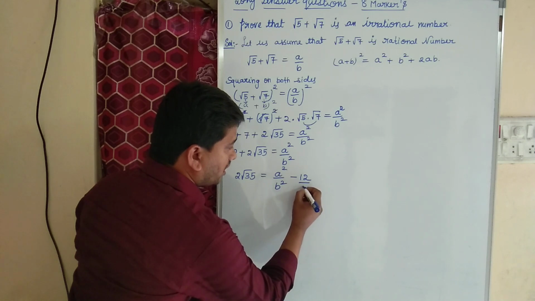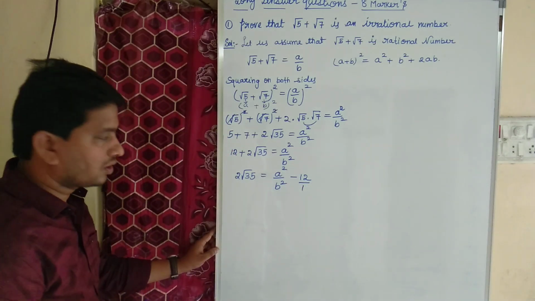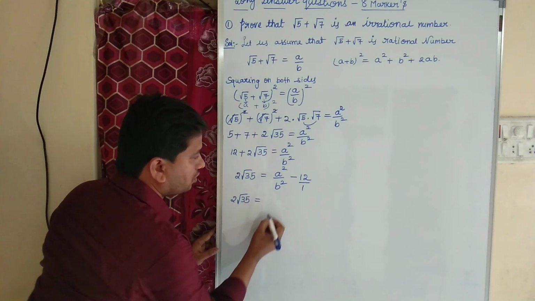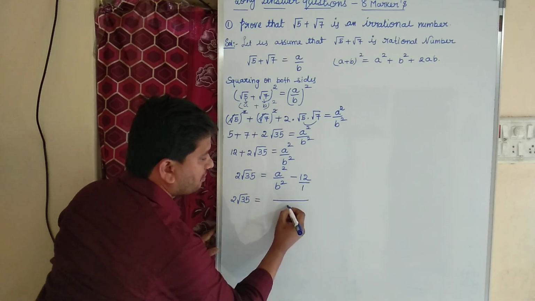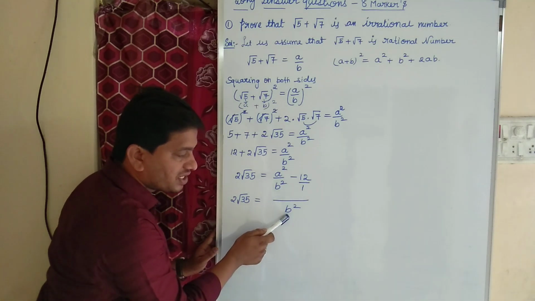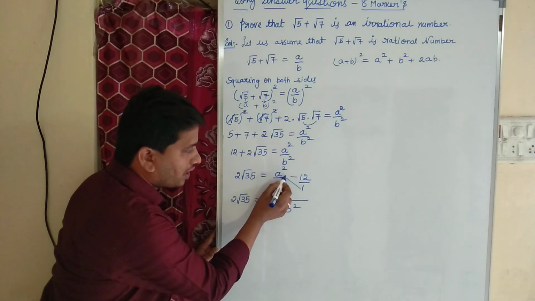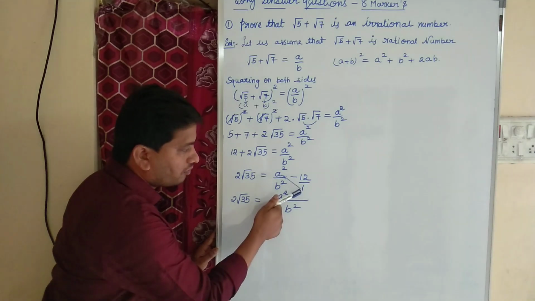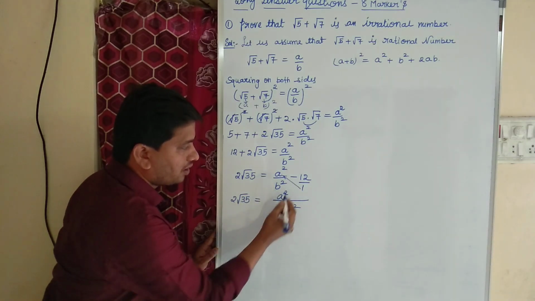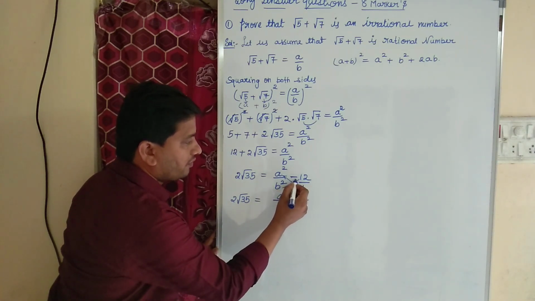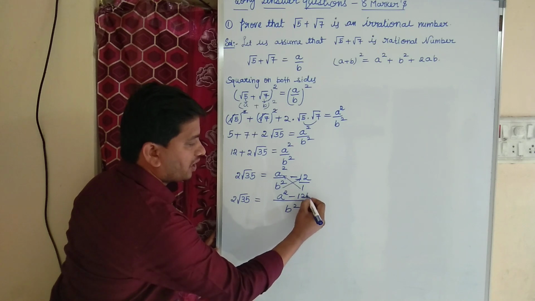Divided by 1. So 2 root 35 as it is, children. 2 root 35 equals, and the LCM is b square. 1 into a square, this is minus, now 12 into b square, 12b square.